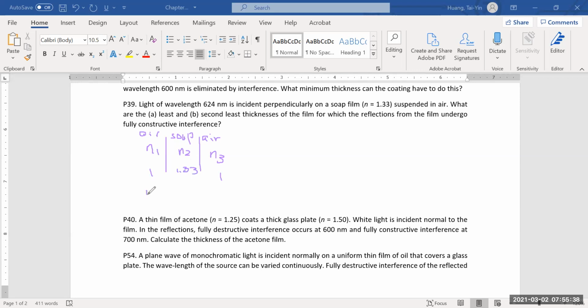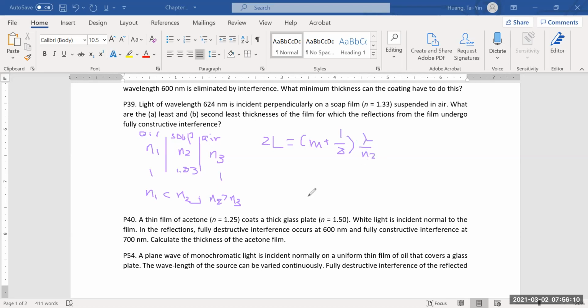So you can see that n1 is less than n2, and n2 is greater than n3. This will cause a phase change by reflection once. So for brightness, the equation to use is 2L equal to (m plus 1/2) times lambda over n2.